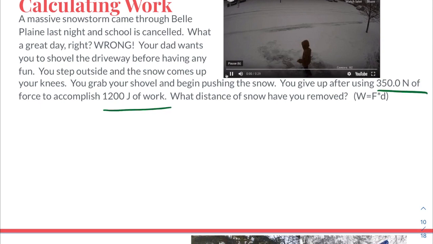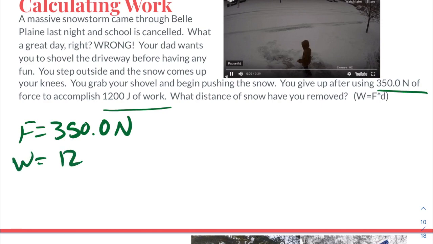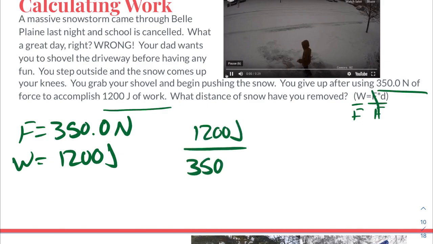So we have a force again, 350.0, and we have an amount of work, 1,200 joules. What distance of snow have you removed? So in this example, we're going to have to get distance by itself. So we're going to divide both sides by force. Going to cancel force there, and we get work divided by force. So 1,200 joules divided by 350.0 newtons.